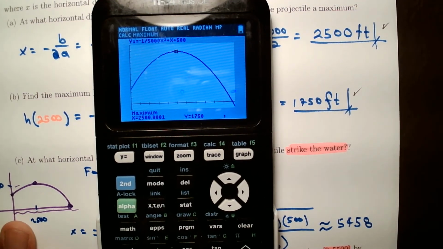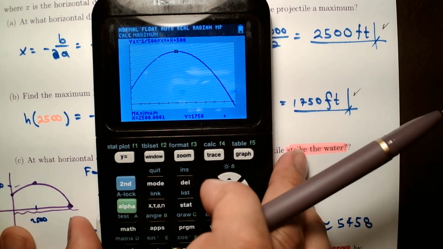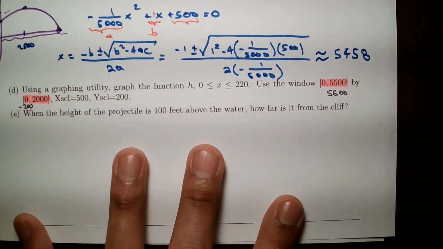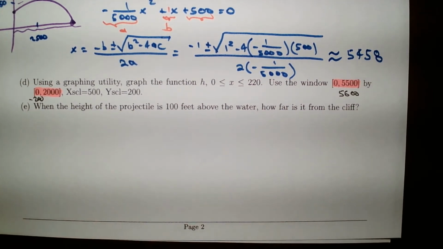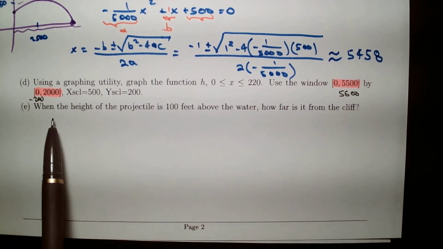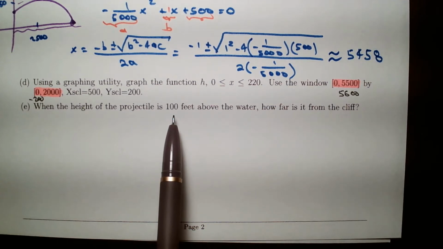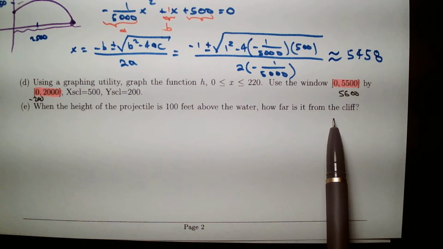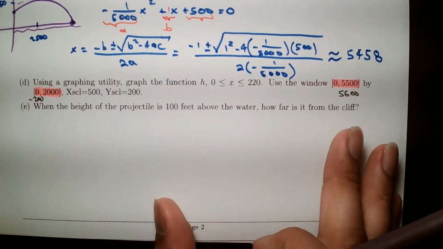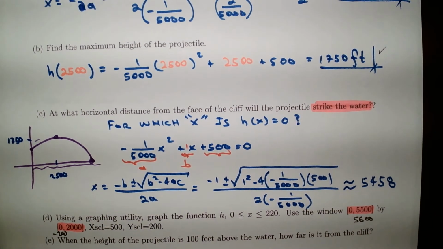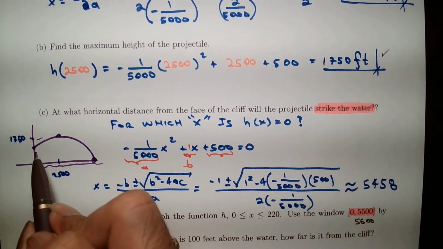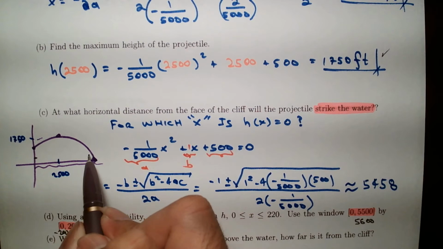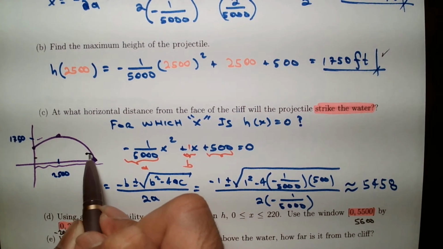All right. Now let's look at another part here. It will involve solving an equation. When the height of the projectile is 100 feet, how far is it from the cliff? In other words, when the projectile is, let's say here, 100 feet, how far is it?